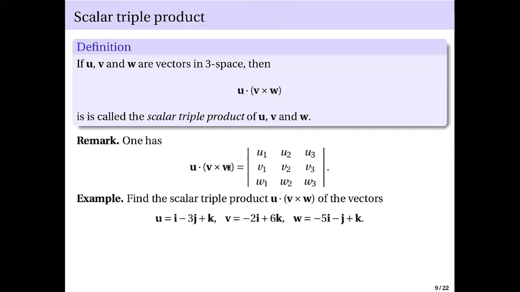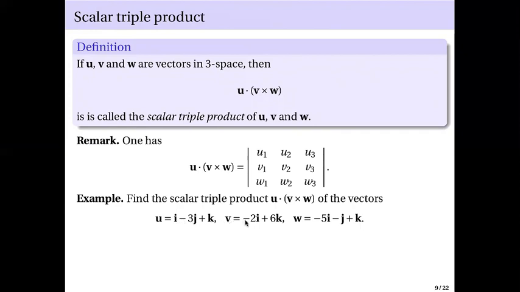So for example, we want to find the scalar triple product u dot v cross w of the vectors u, v, and w here. Take note, your u is i minus 3j plus k.